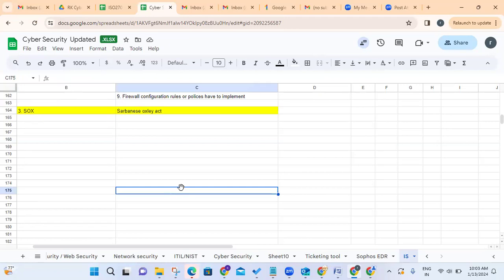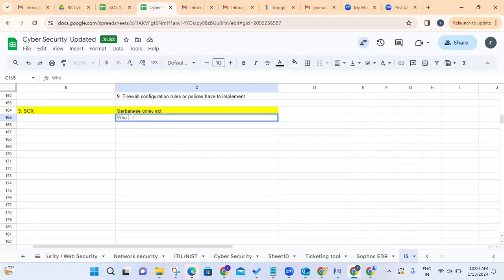But the Sarbanes-Oxley Act falls under any financial transaction. As I mentioned, through UPI transactions, through IMPS, through NEFT, through bank, any transactions we are doing, those companies have to follow SOX compliances.